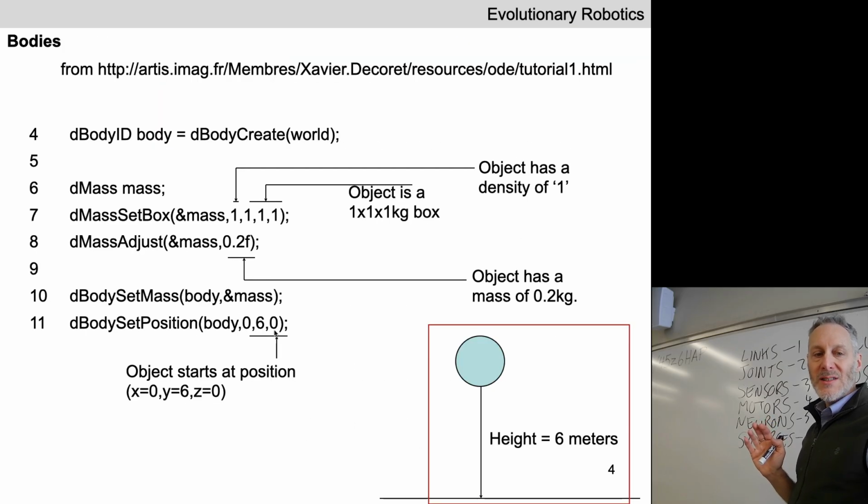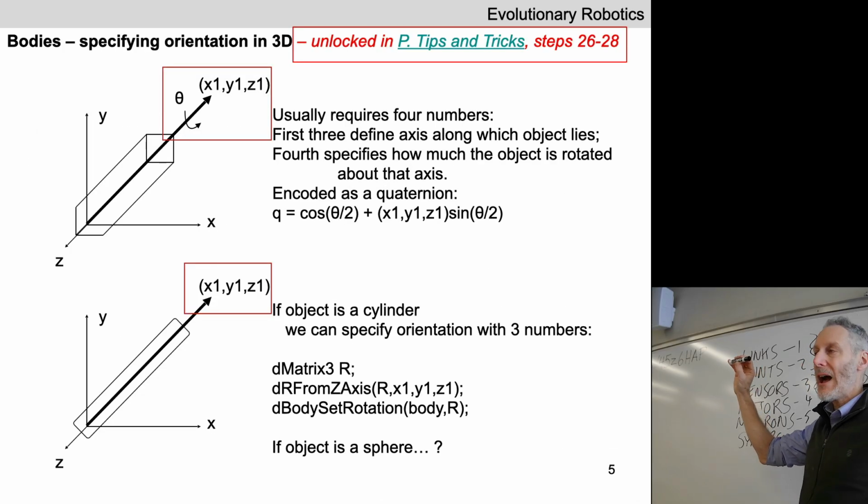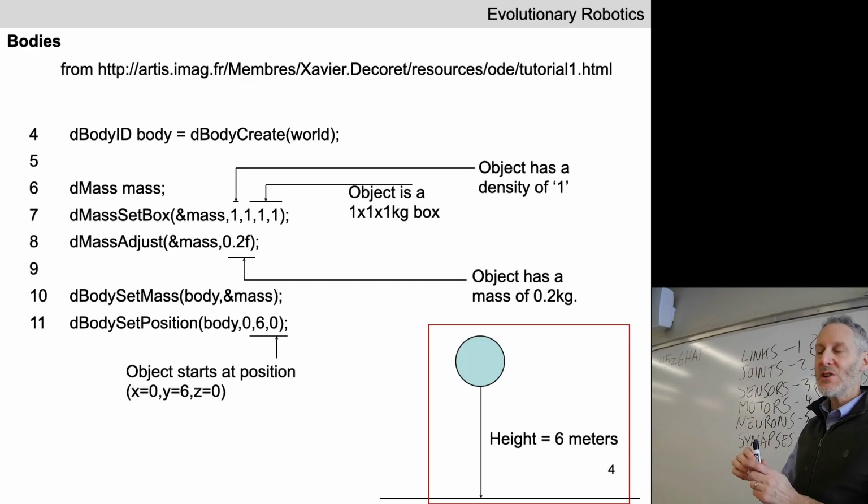We've just set the position of the object in three-dimensional space. We also have to tell the physics engine what that object's orientation is in three-dimensional space. If our object is a sphere, then of course it doesn't really matter what its orientation is in three-dimensional space because the sphere is symmetric in all possible ways.